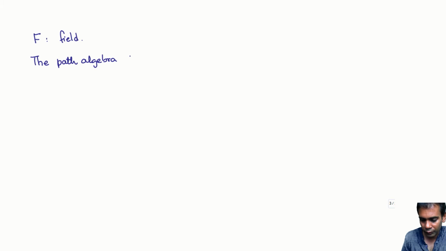Now we are ready to define the path algebra of the quiver. For this, we need to fix a field F. Any field, your favorite field. You can even take a ring. Then I define the path algebra of a quiver Q over F, denoted by F[Q].